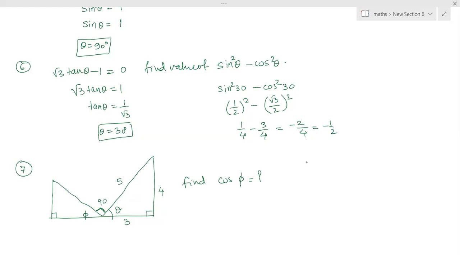Yes, Shreya. Ma'am, no idea. Ma'am, yes. 90 plus theta is equal to the cos.